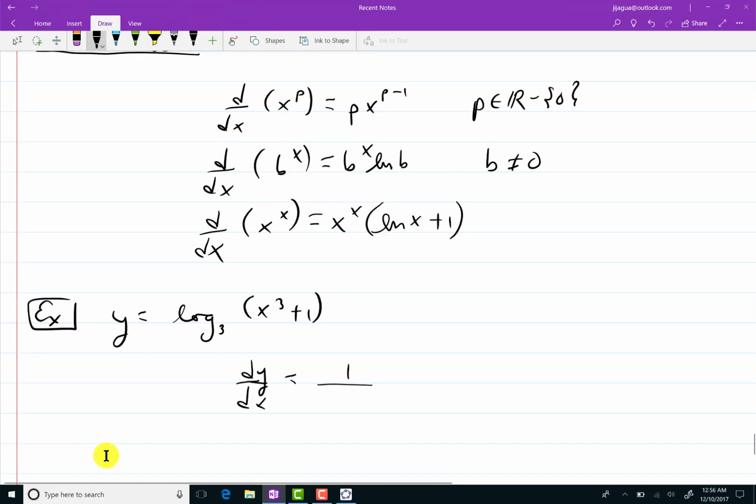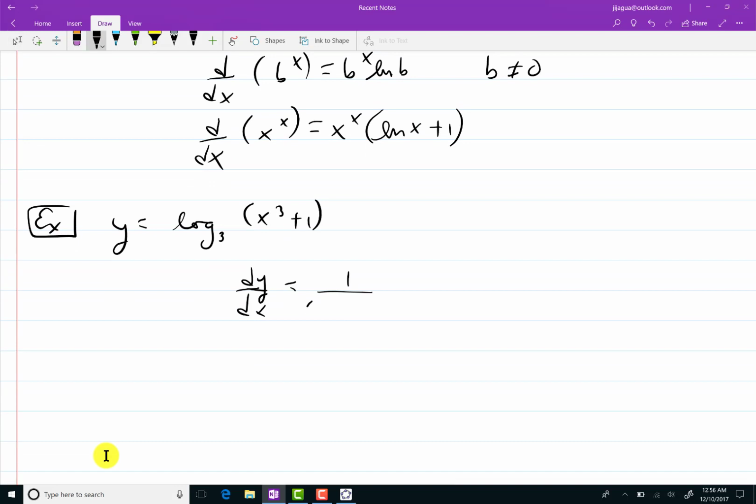So what was my x here? x cubed plus 1 times ln 3. But then I had things inside of there, so I'll take the derivative according to the chain rule of x cubed plus 1, and we end up with 1 over x cubed plus 1 ln 3 times 3x squared.